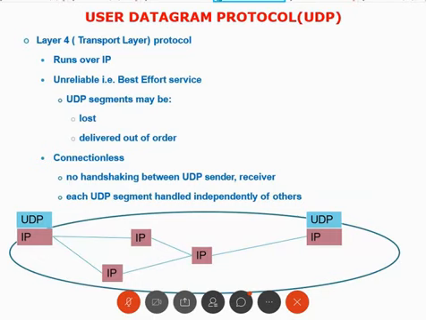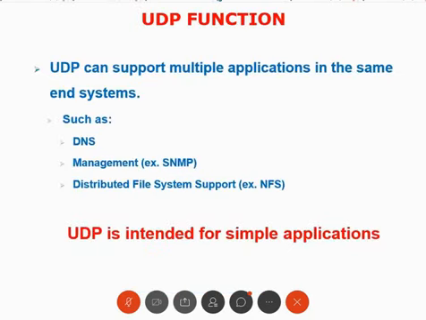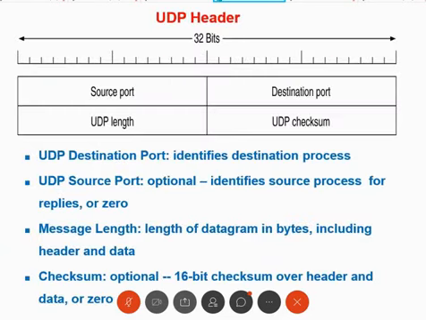In this process, we are going to save time. That's why the delay is less with the UDP packet. UDP will support multiple applications such as DNS, SNMP, NFS. UDP is intended only for simple applications.